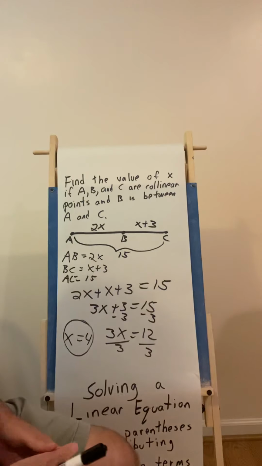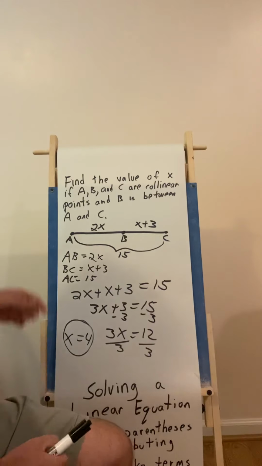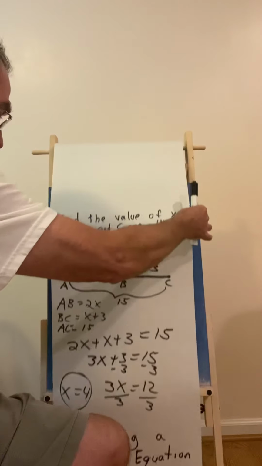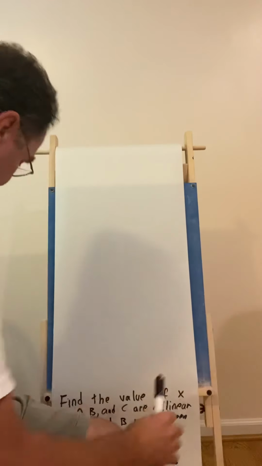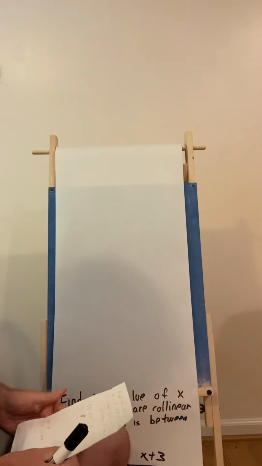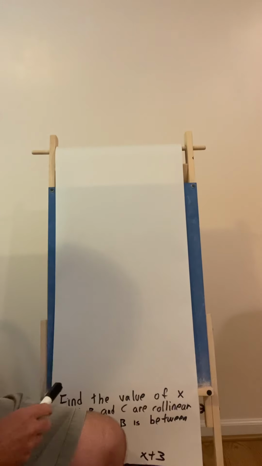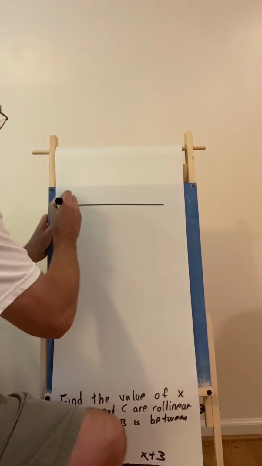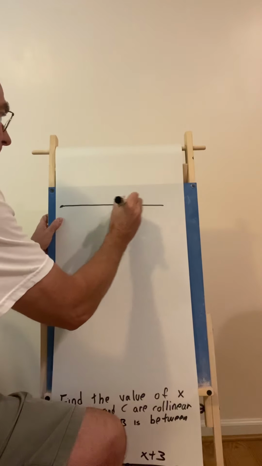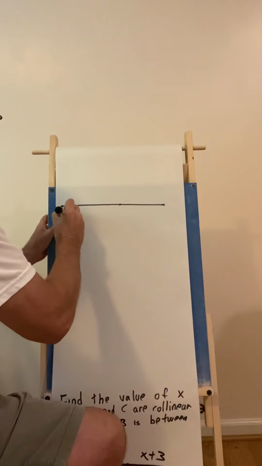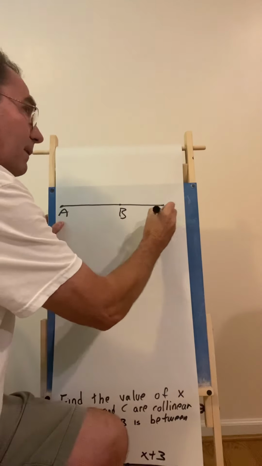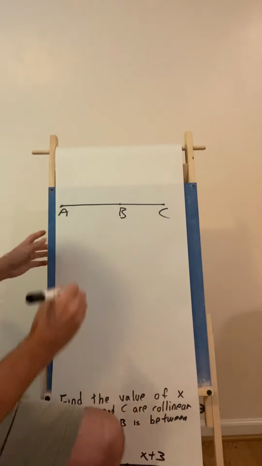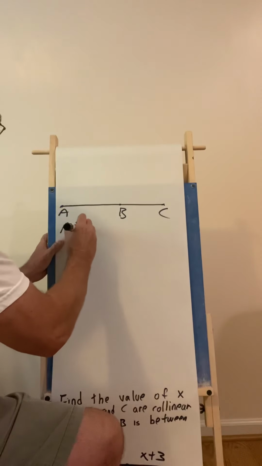Okay, we're just going to do a couple more problems just like that one. Maybe a little more complicated. But it's going to be the same diagram for each one. So we're going to have A, B, C. AB is going to equal 7.